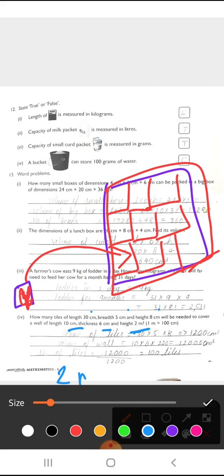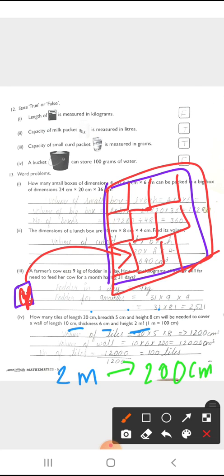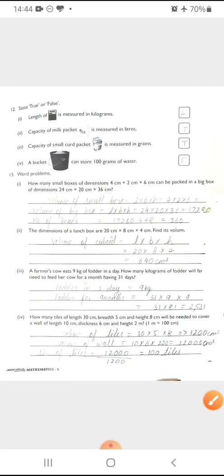So first of all we'll change this meter into centimeter by multiplying by 100. So we'll get 200 centimeter. So height is 200 centimeter.